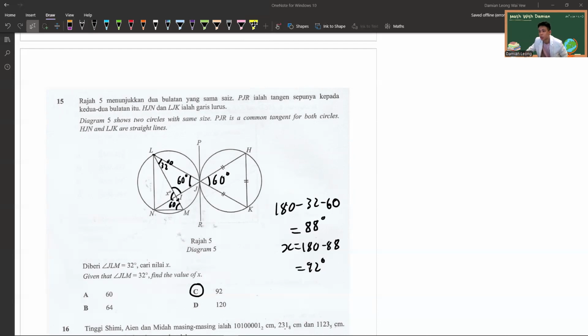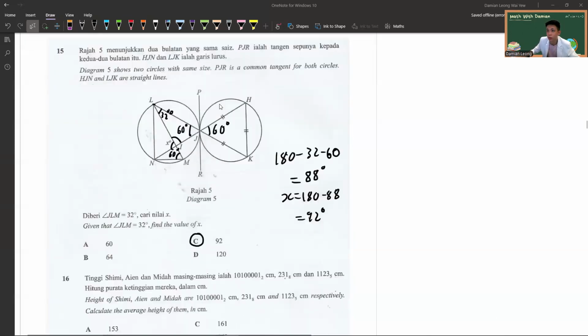It is actually possible to use the tangent line to relate, but in this case, we don't have to. I don't feel it's any easier using the tangent line. So let's just stick to this way.